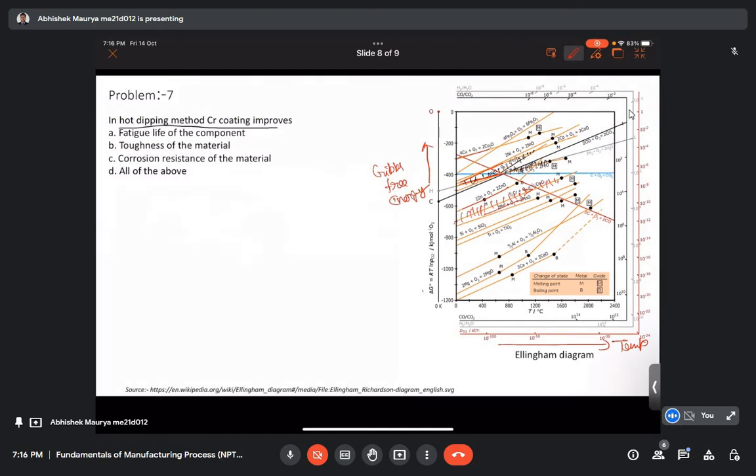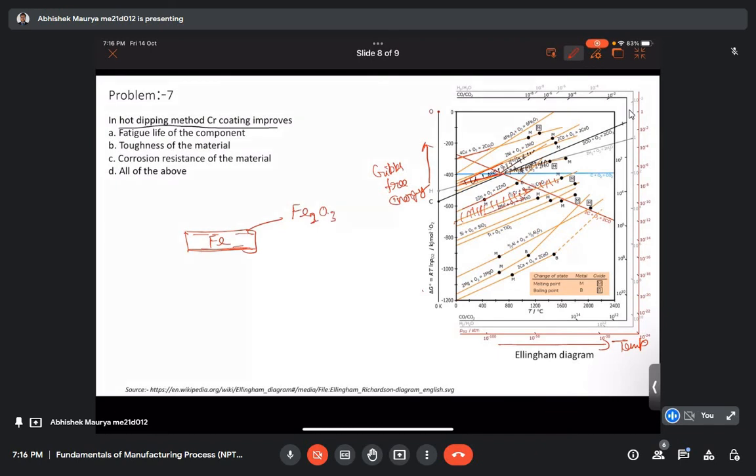Or we can say the corrosion of chromium. What is corrosion? Corrosion is basically the formation of oxide. Suppose we have an iron component, Fe. If someone says it has been corroded, it means formation of iron oxide has taken place: Fe3O4, Fe2O3, or FeO.